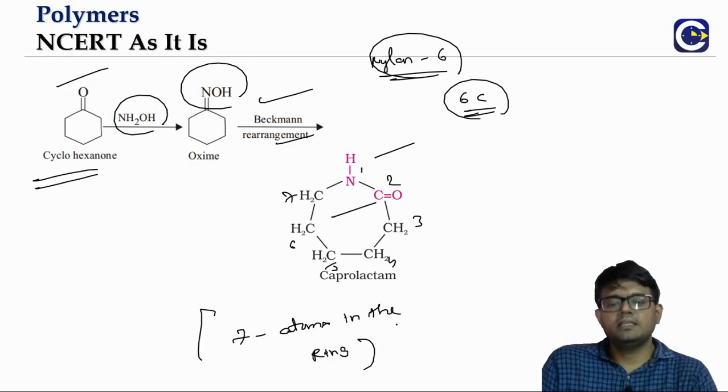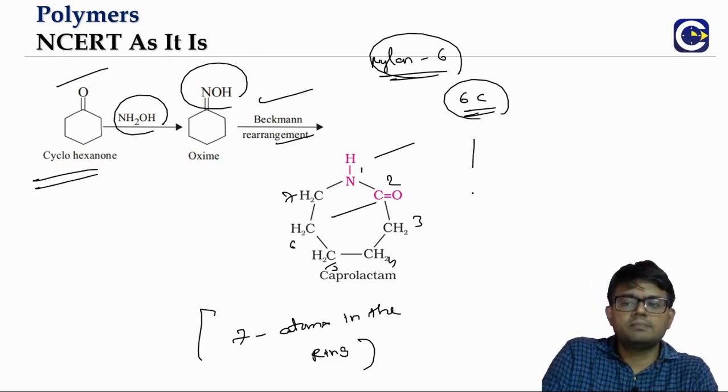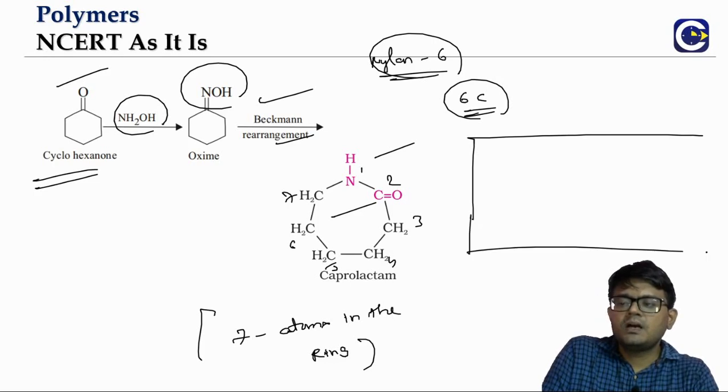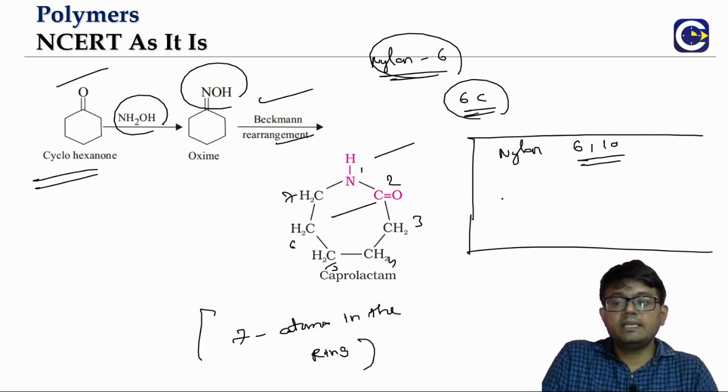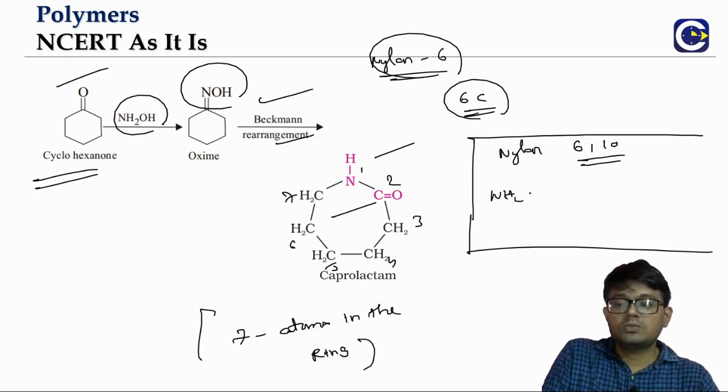And then see these nylons, we also have some more examples. Like there is one more thing called nylon 6,10. That is basically we'll obtain it from the same hexamethylene diamine, NH2 CH2 6 times NH2, and sebacic acid.